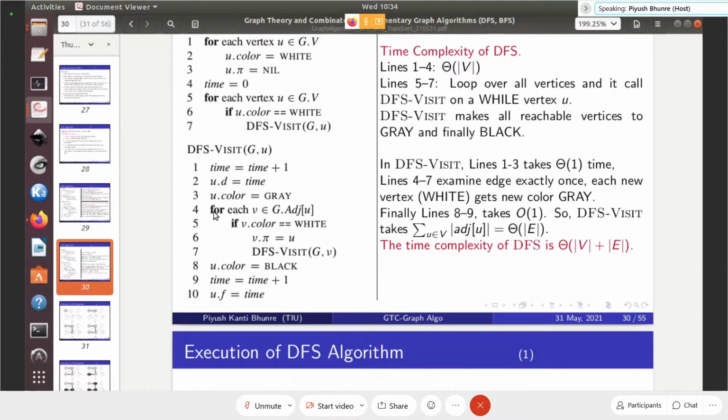You execute the while loop while the stack is non-empty. Initially you have put one vertex in the stack, so it is non-empty, and it starts executing. The first instruction will be the pop operation. Pop means take the top element from the stack, which will be u, and explore its adjacent vertices. Every time you encounter a white vertex, it will be pushed onto the stack.